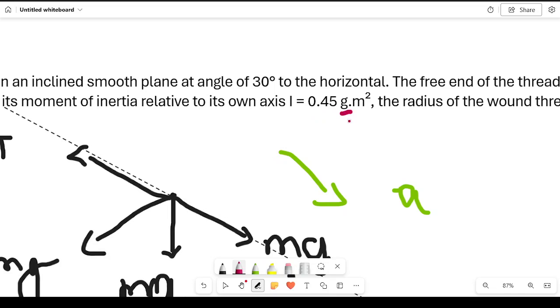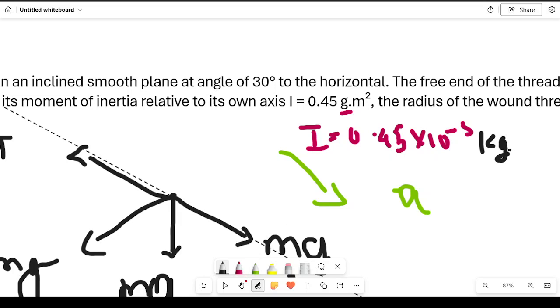Since it is in grams, I have to convert it into kg to be in SI units. So hence I can also say I is equal to 0.45 times 10 to the power minus 3 kilograms meter square.